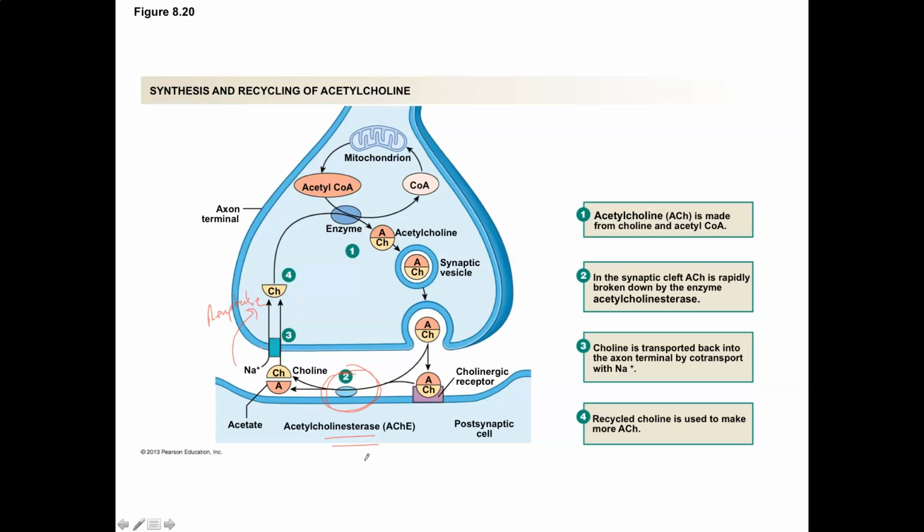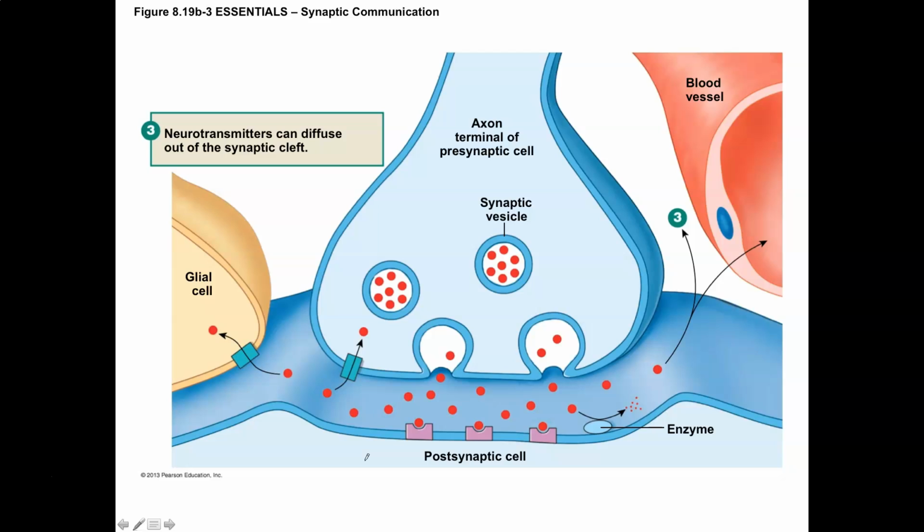The third way to stop the neurotransmitter is really just simply by diffusion. So the neurotransmitter can actually diffuse, let's say, into the interstitial spaces, or can diffuse into the circulatory system. And so as it diffuses away from the receptors, you're going to diminish the effects of that chemical on the postsynaptic cell.